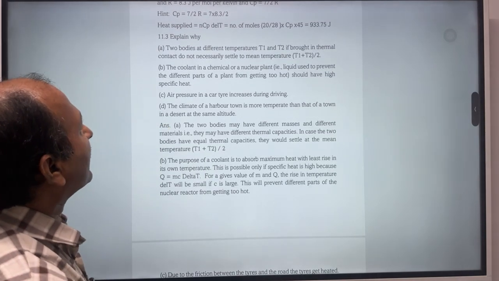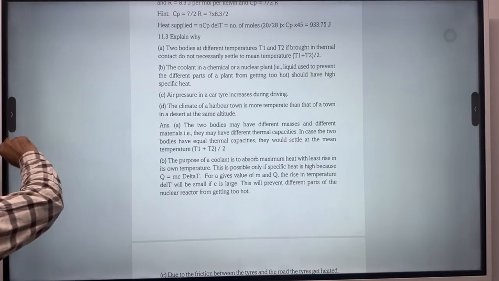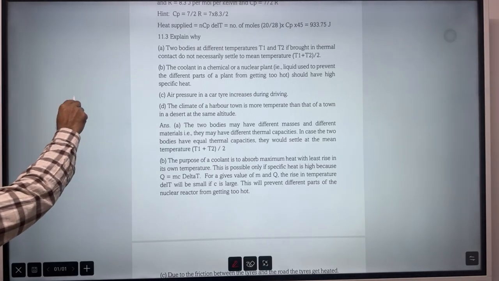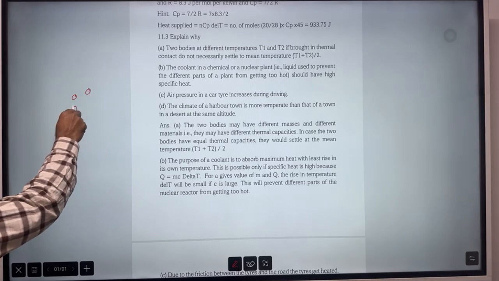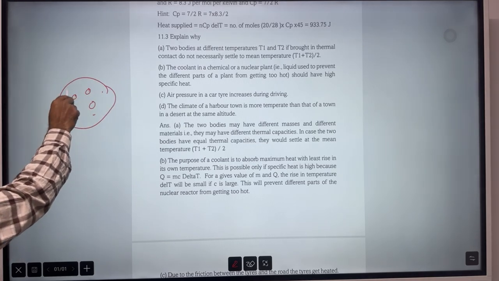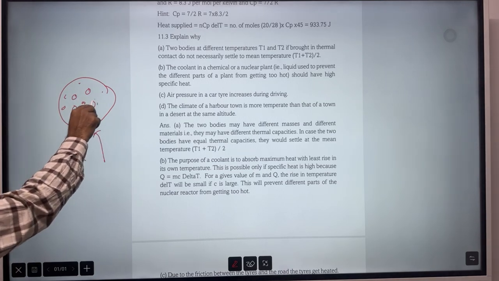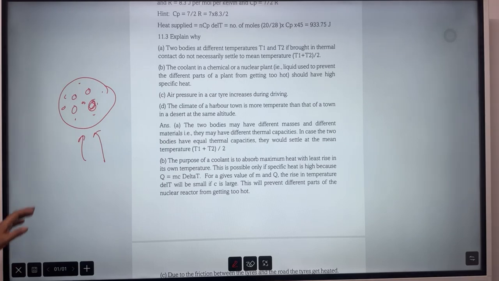Air pressure in a car tire increases during driving. So it is general observation. Suppose this is air particle, this is air particle, and suppose they are in container, then what will happen? So if it is heated, in that case they will acquire more and more thermal velocities. So that is why they will exert more pressure on the wall of the container.